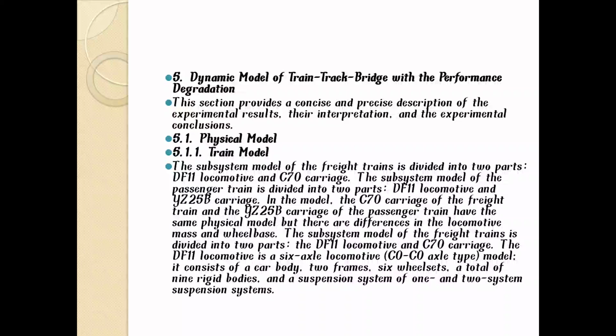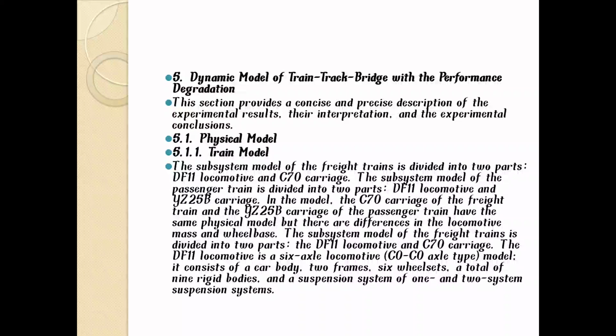Physical model, train model. The subsystem model of freight trains is divided into two parts: DF11 locomotive and C17 carriage. The subsystem model of the passenger train is divided into two parts: DF11 locomotive and YZ25B carriage.